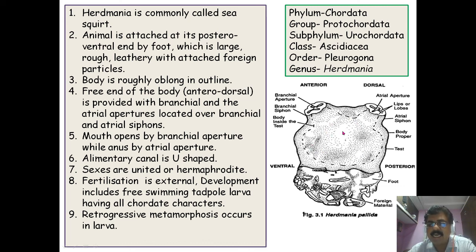Fertilization is external and development includes a free swimming larval stage, the tadpole larva, having all the chordate characters. What are these? Notochord, nerve cord and gill slits. But during the metamorphosis the larva develops into the adult, and this adult doesn't have the tail, and therefore the notochord as well as the maximum portion of the nerve cord get lost.